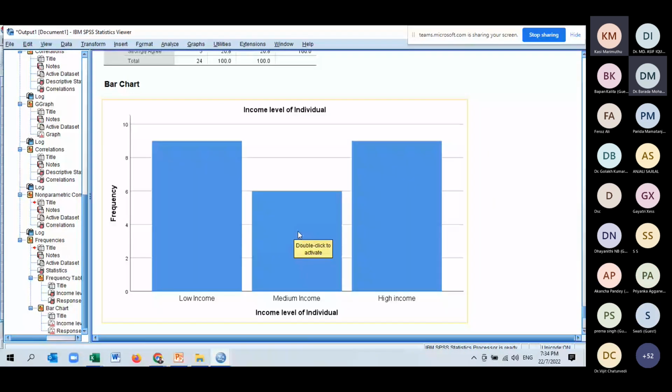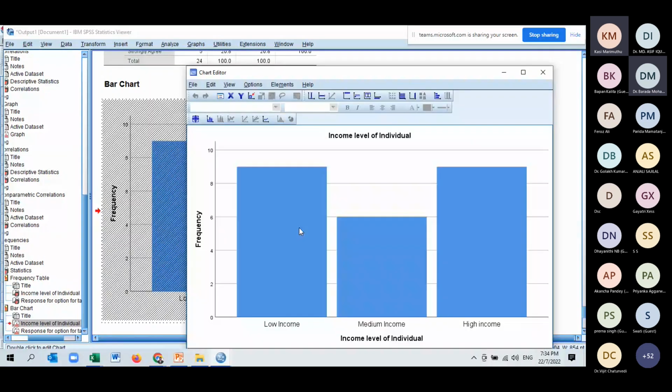So this is a bar chart. You can also improvise the bar chart. Double click using your left mouse, remove the grid line. You also can remove the title of the graph, not compulsory to keep it inside.